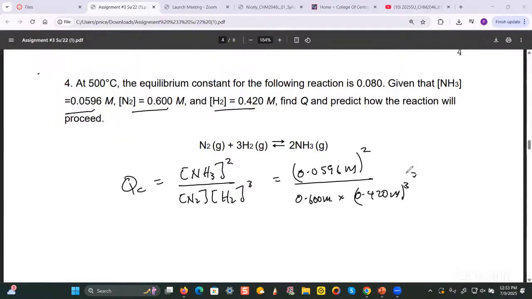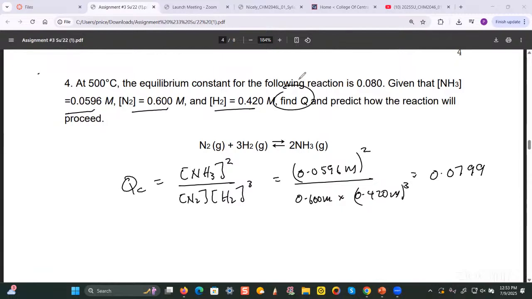And according to my calculation, this works out to be equal to 0.0799, right? So that's answering the first part of the question, what is Q?